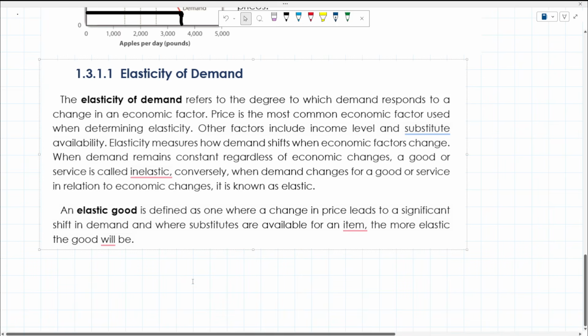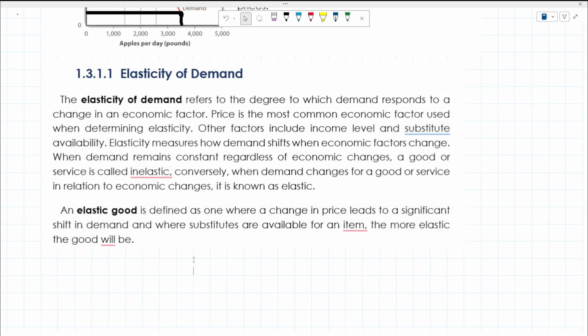Siguro para mas madali, pag sinabi nating elastic yung isang produkto, when we say that a product is elastic, we mean that when there's a change in this particular product, it will also lead to a specific shift in the demand.